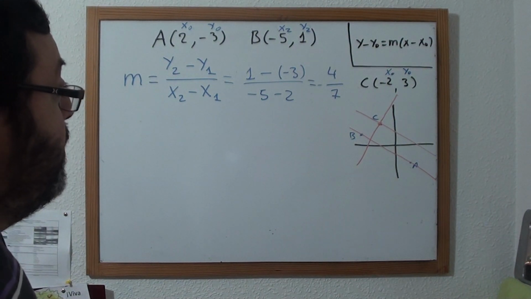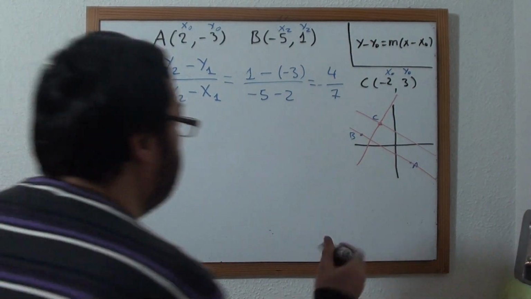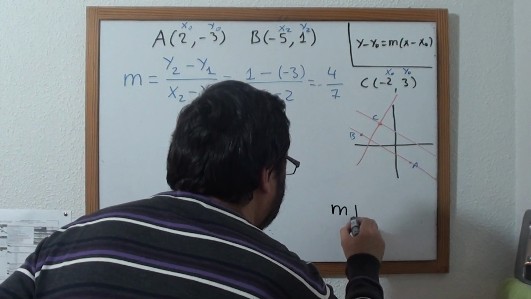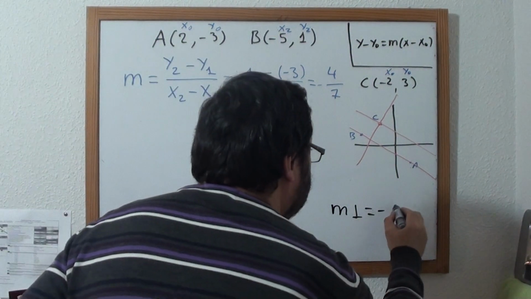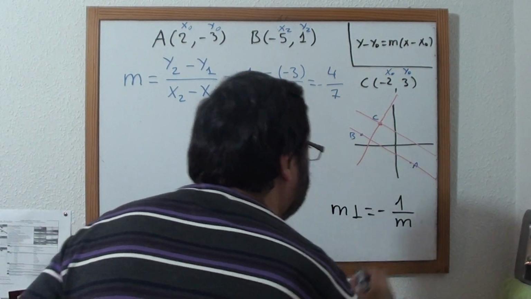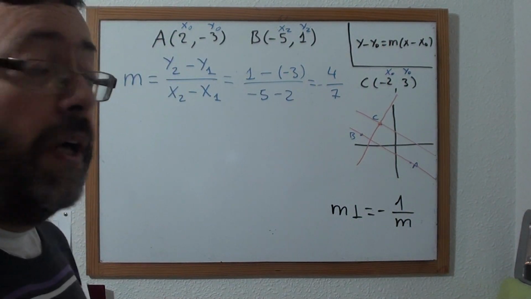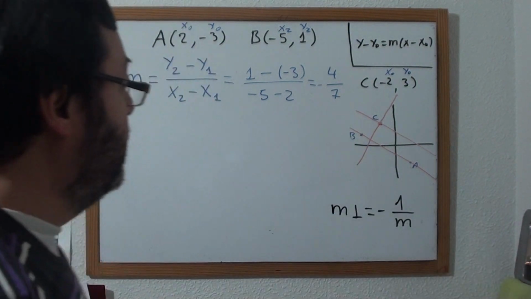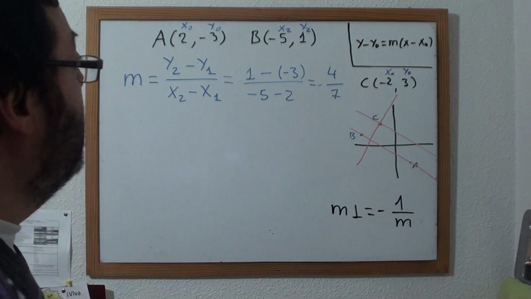But the slope is not the same. We have to remember a formula. The slope of the perpendicular line is the opposite inverse of the slope of the line. So we have to reverse the fraction and change the sign.